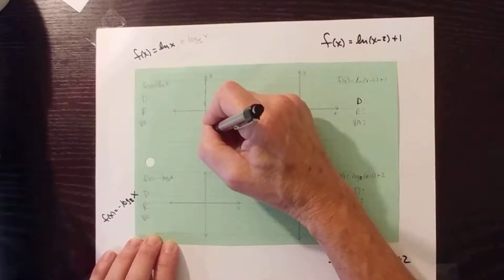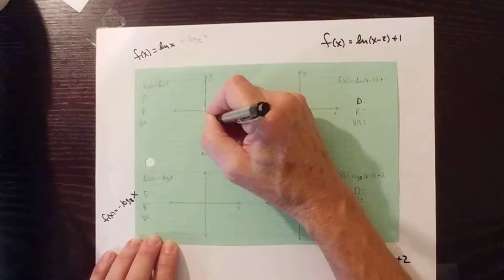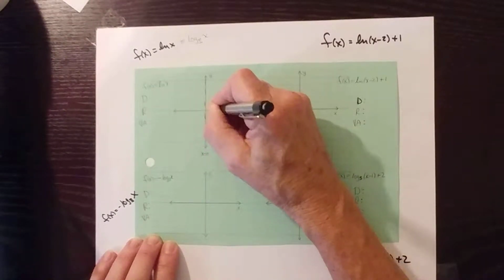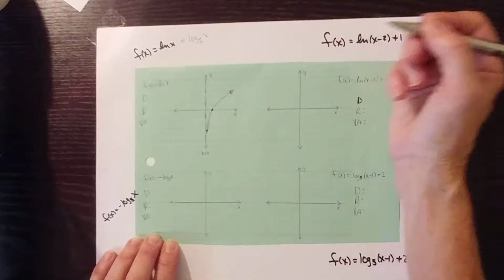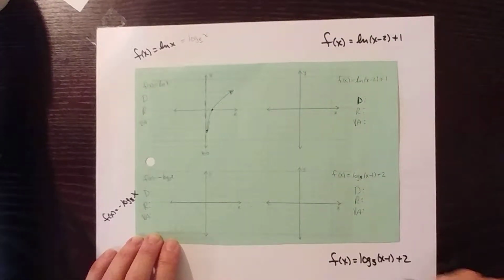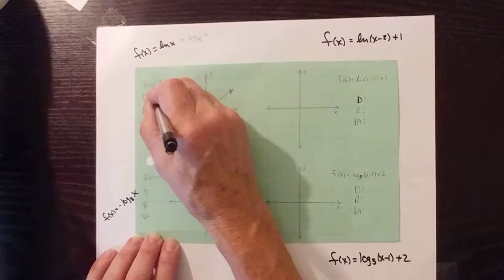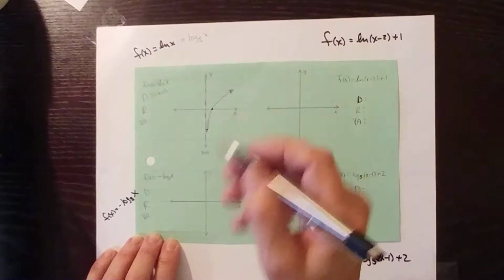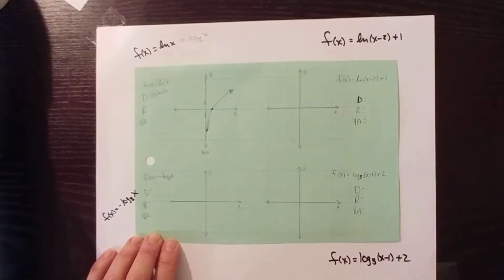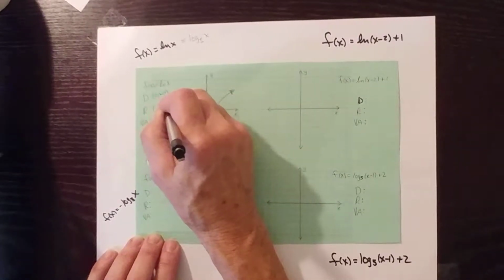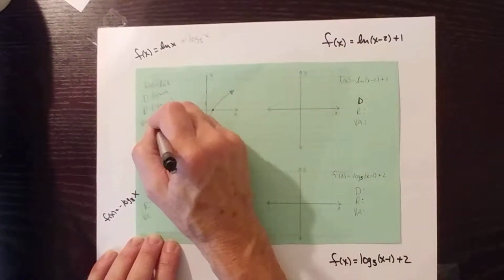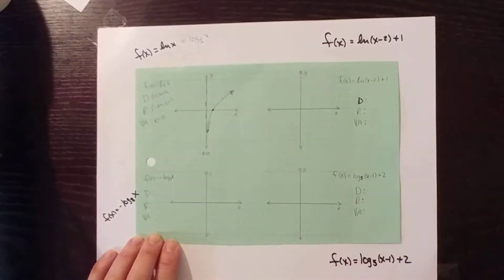It will hug the y-axis, and then it will increase like that. This is the basic look of a logarithmic function where the base is bigger than 1. So the domain is from 0 to infinity. Again, you can only put positive numbers into the argument of a log. The range is all reals, negative infinity to positive infinity, and the vertical asymptote is x equals 0.